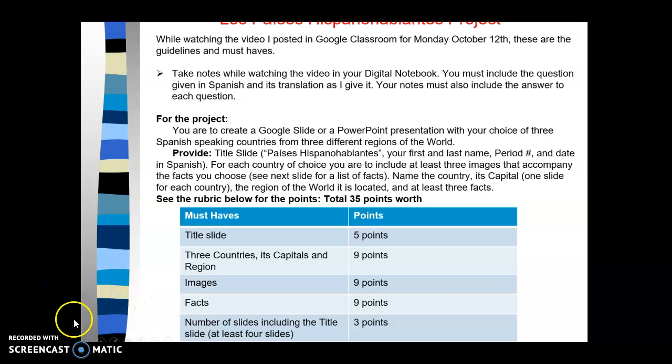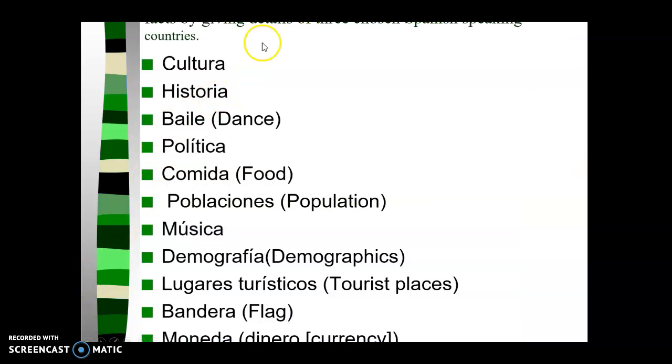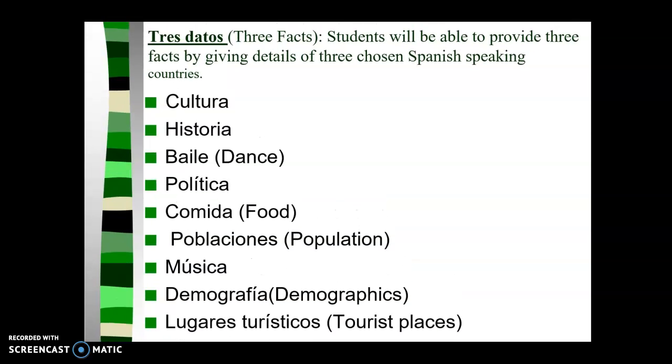Now let's see what are some examples of the facts. You have to choose, as I mentioned, 3 facts for each country. Okay, and these are some ideas. Some facts to include could be about culture, cultura. It could be about historia, its history, about baile, dance. What are their folkloric dances, for example? You could provide information on politics, política.